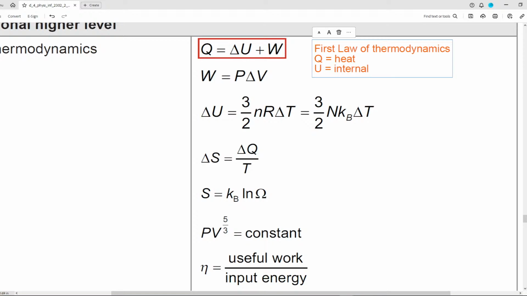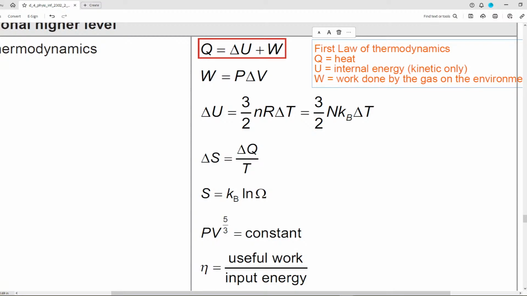Remember, we'll assume there's no potential energy, so kinetic energy is internal energy. Or make the gas do work some other way, which is expanding or shrinking. Work done by the gas on the environment.